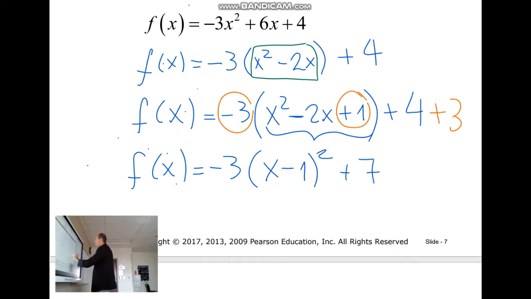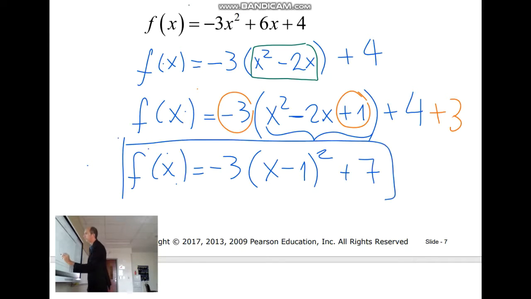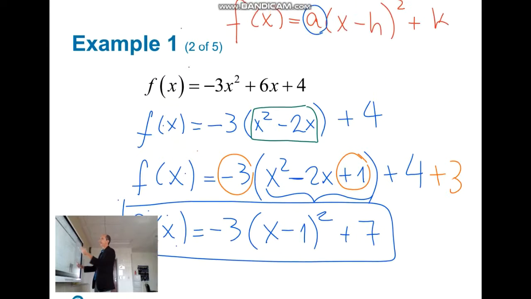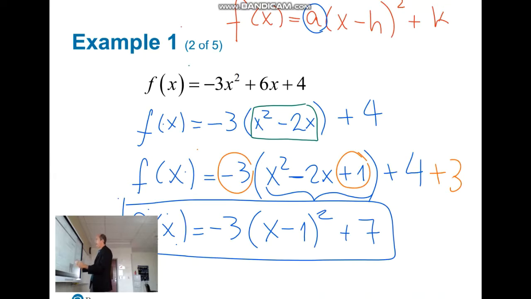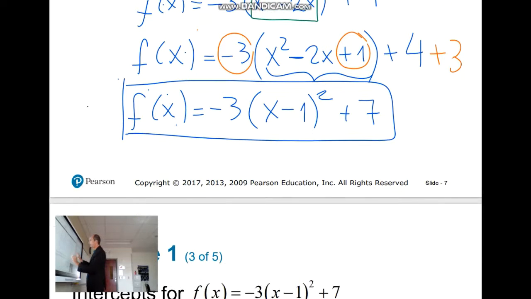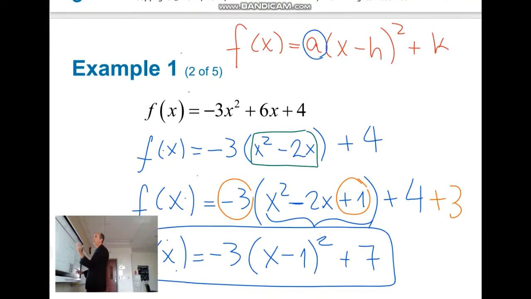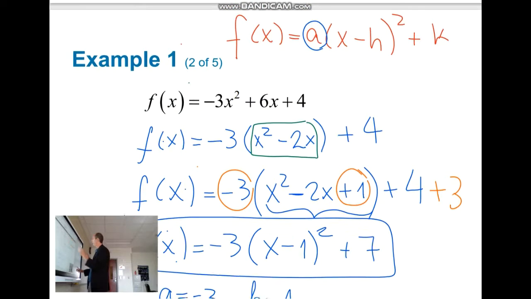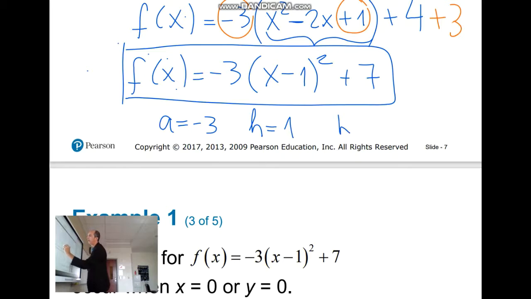And check the format of this equation. It's the same we are looking for, right? Now a equals negative 3. Let's write down here. a equals negative 3, h equals 1, and k equals 7.